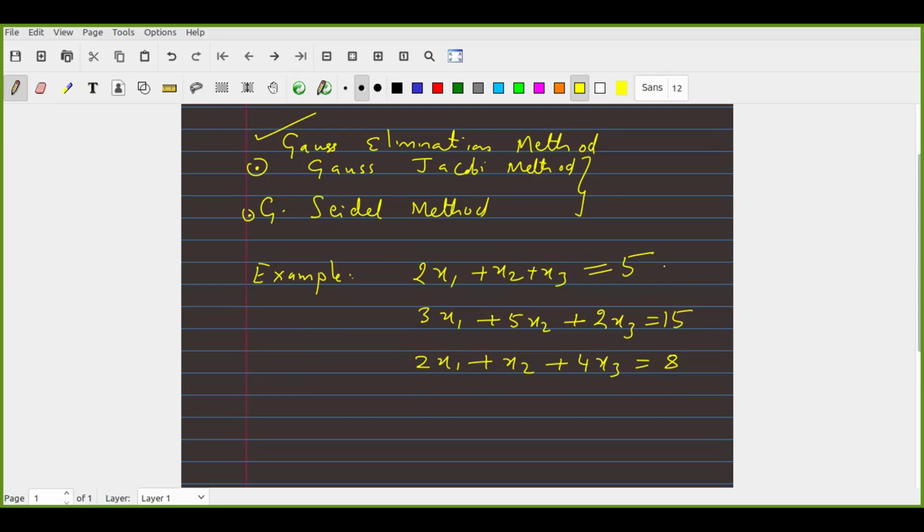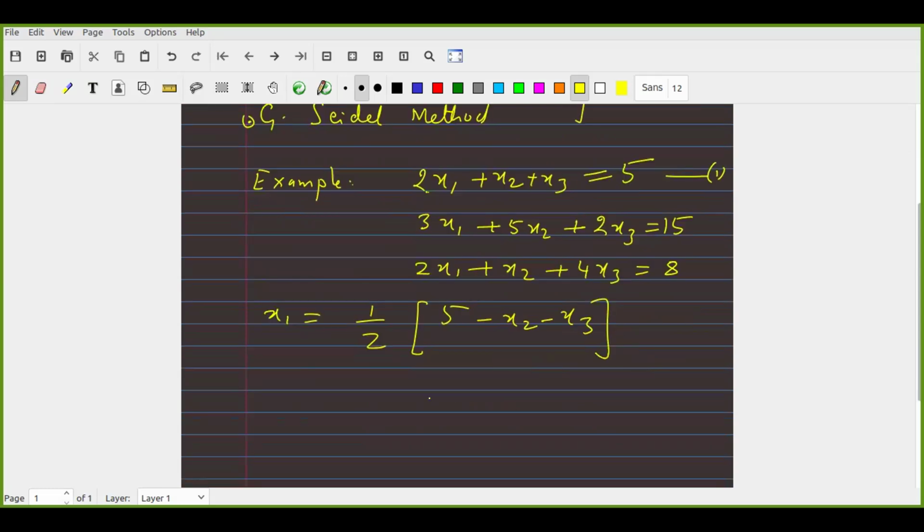For example, equation 1 can be rewritten as x1 equals 1 by 2 times (5 minus x2 minus x3), right? So this x2 goes as minus x2, this x3 goes as minus x3, this 5 as it is, and this 2 is the quotient here. Similarly for x2, this time we take equation 2, not 1. From equation 2, we'll extract x2, which is 1 by 5 times (15 minus 3x1 minus 2x3).